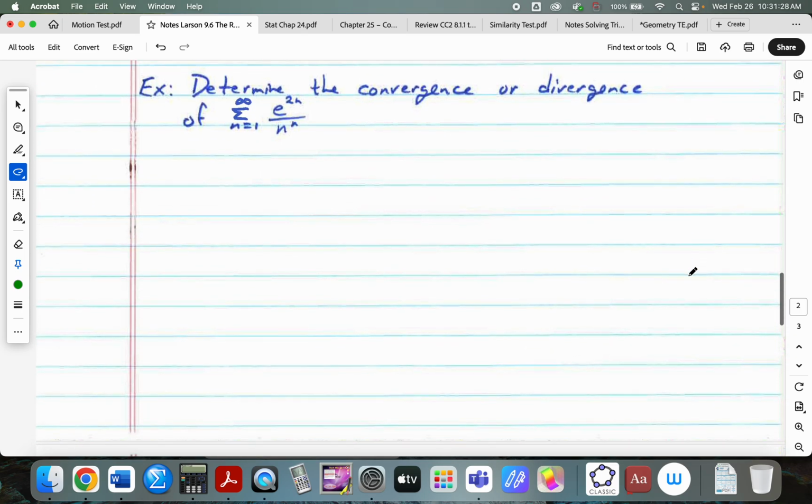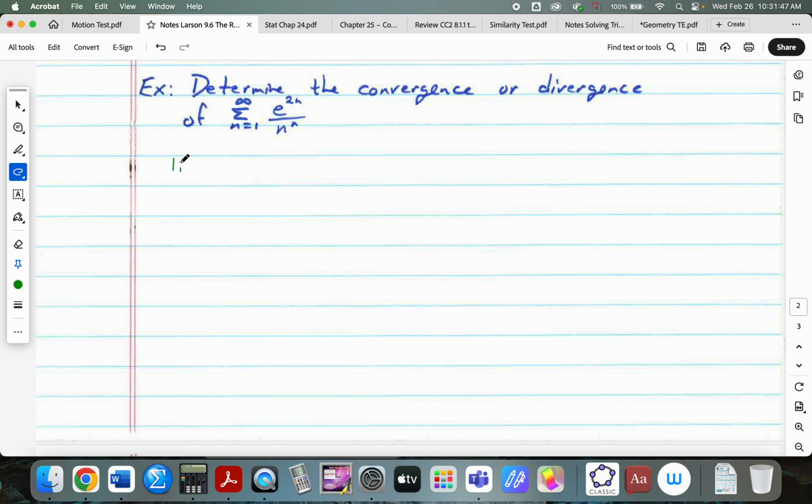So let's take a look at this one. Determine the convergence or divergence of this. We could use the ratio test on this, by the way, and it actually wouldn't be all that bad. But it's a little bit faster to use the root test.